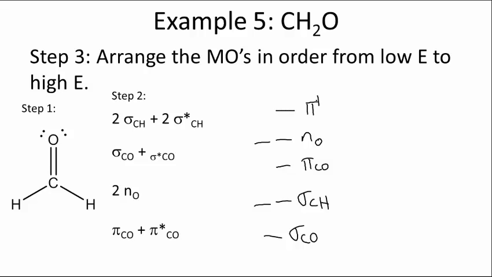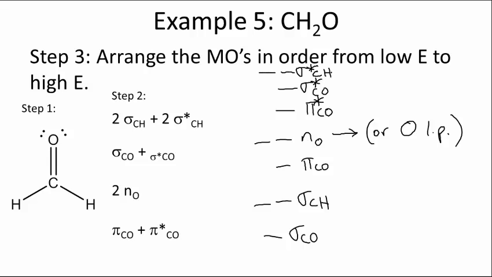Pi star. So the question is, is this how we should indicate the non-bonding? Or you could just say oxygen lone pair if you want. That would be fine. And then at the top we'd have sigma star CH. All right?